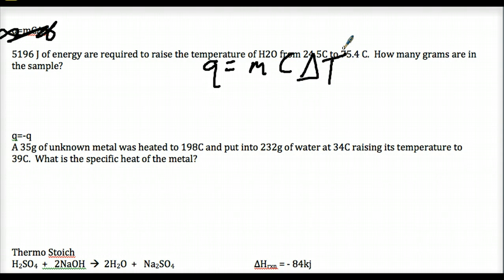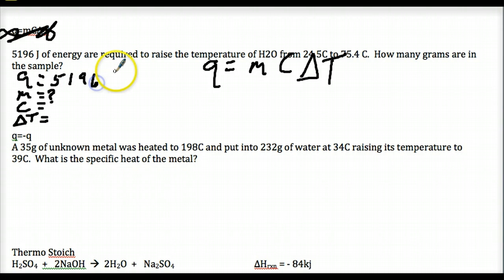Whenever we're doing these problems, it pays to be diligent and to make a data chart: Q, M, C, delta T. We're looking for mass, the grams. We're given Q, 5,196 joules.